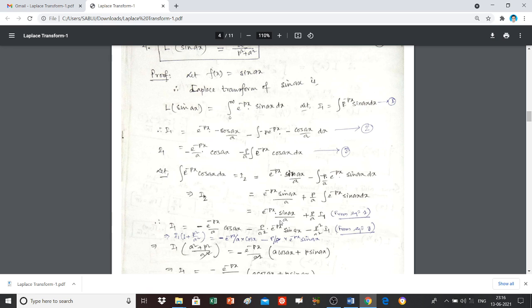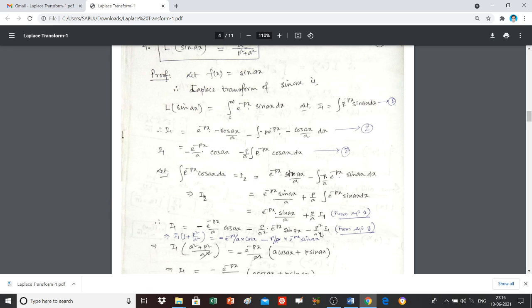So from equation number 3, I1 is equal to minus e to the minus px by a cos ax, minus p by a, which should be multiplied with both these terms. So the first term will provide you minus p by a square e to the minus px sin ax, then minus p square by a square I1.